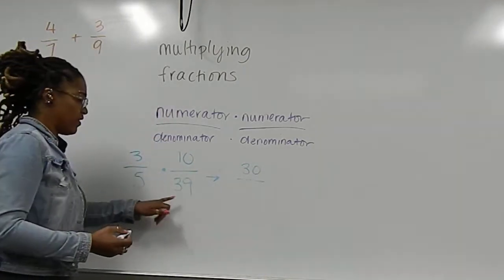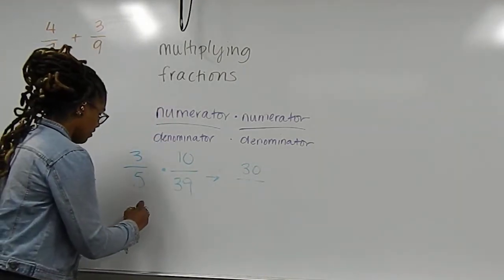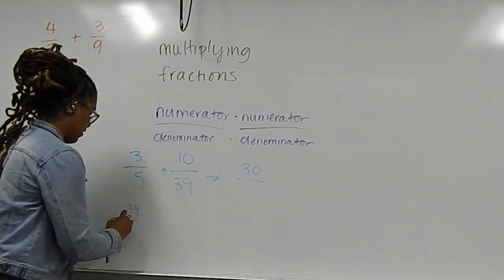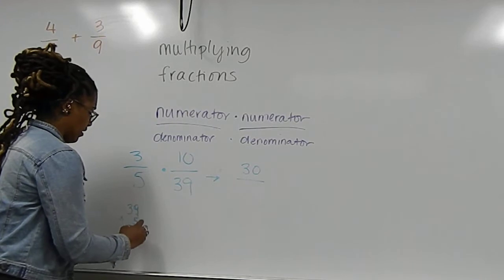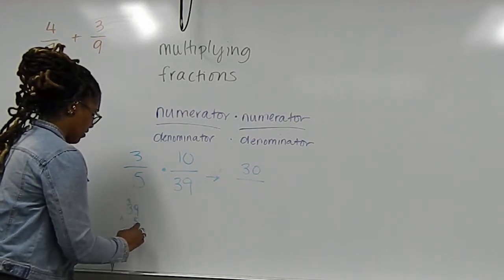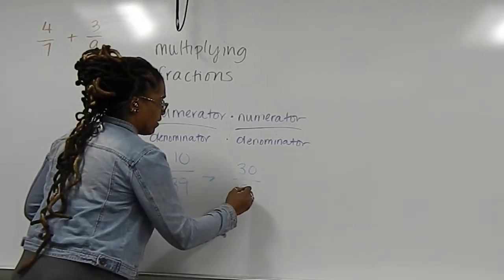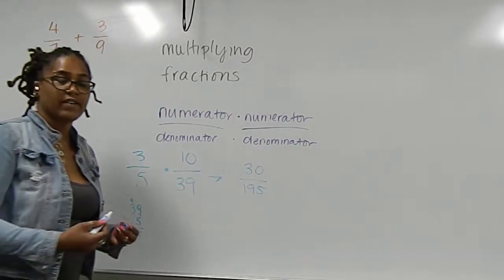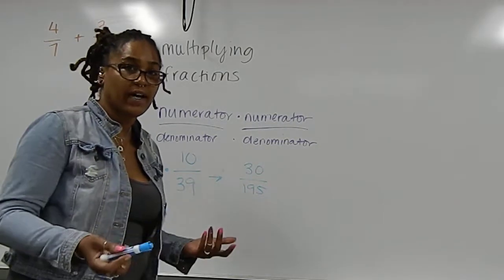And then 5 times 39. So we'll come off to the side of our paper. 39 times 5. 9 times 5 is 45. Carry the 4. 15 and 19, right? 195. And then we could reduce by the common factor because they both have a common factor of 5, right?